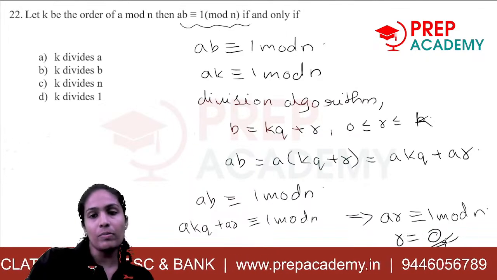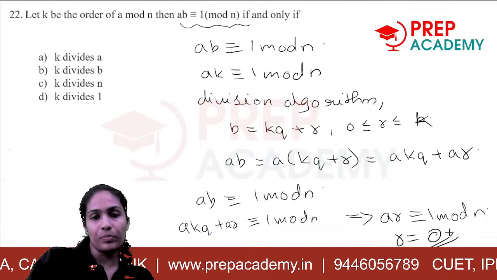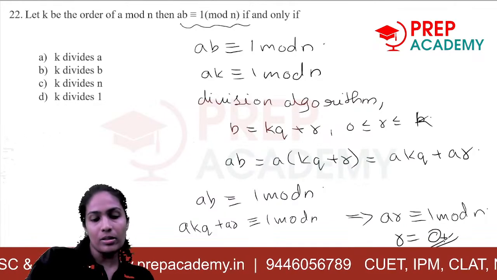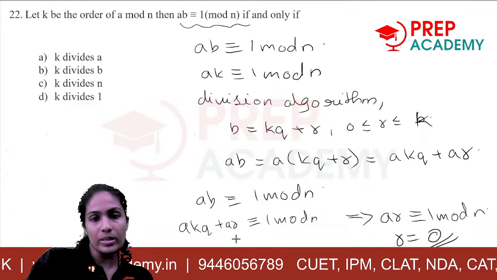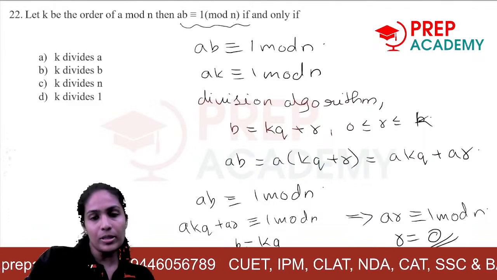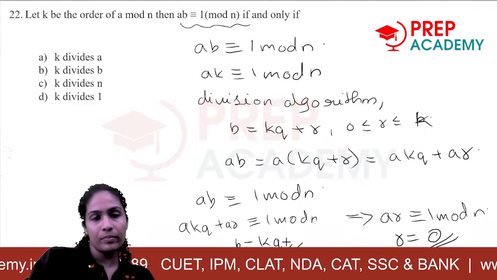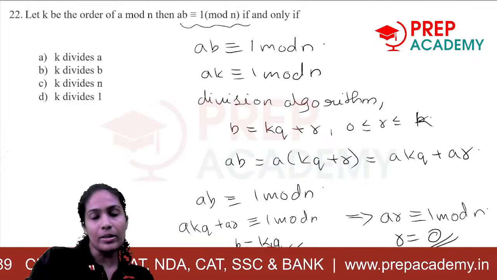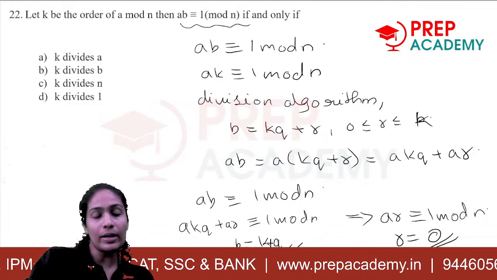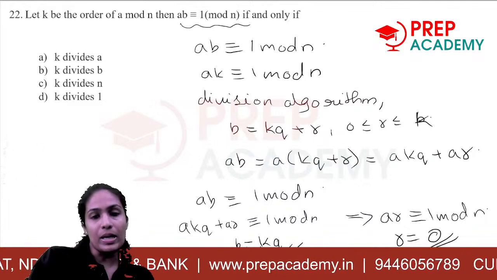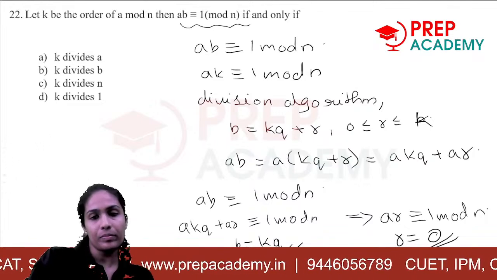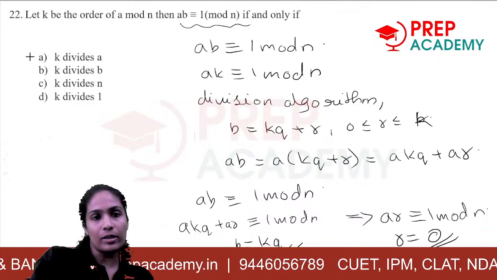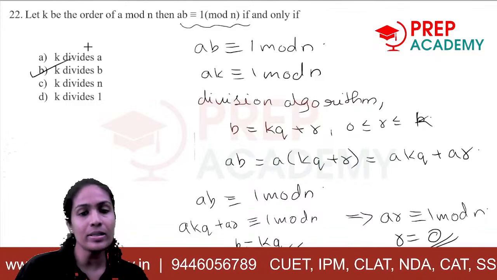That is, the remainder should be equal to 0. So when the remainder r is equal to 0, then b is equal to kq plus 0, or kq. That means b can be expressed as a multiple of k, or you can write k divides b. The correct option is option B, k divides b.